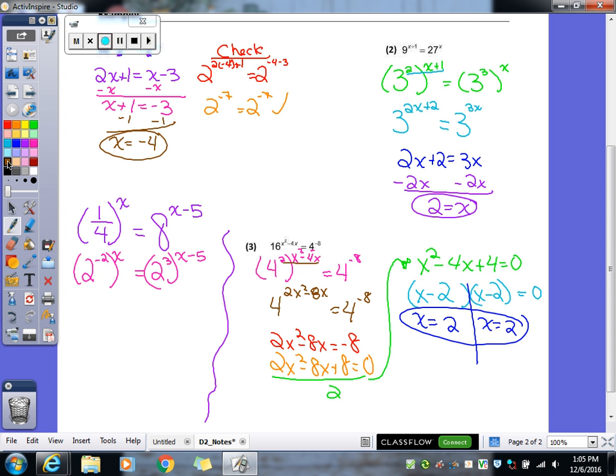So now we do all the same things. Multiply our exponents. So I have 2 to the negative 2x equals 2 to the 3x minus 15. Now our exponents are equal to each other.